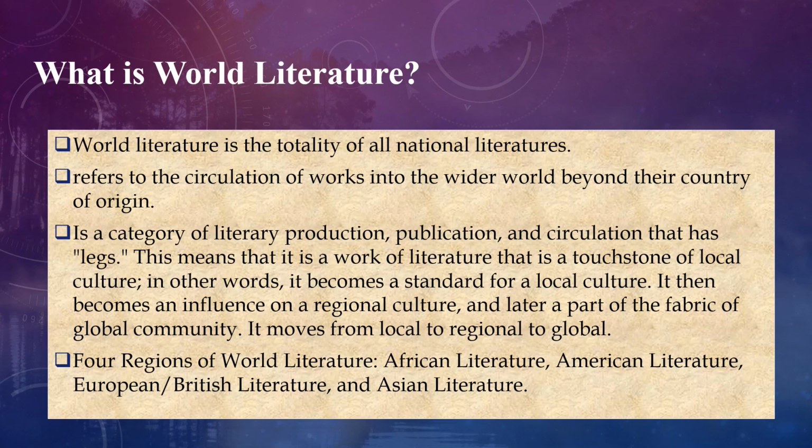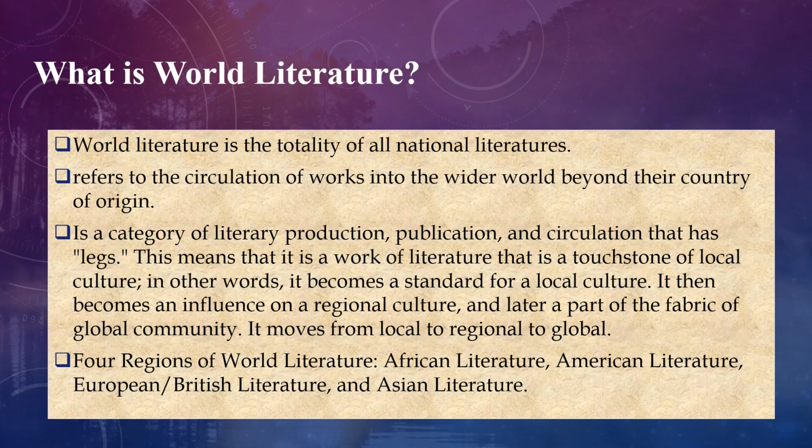Let us now go into the deeper side of literature, particularly world literature. How do we define world literature? World literature is the totality of all national literatures. It also refers to the circulation of works into the wider world beyond their country of origin.